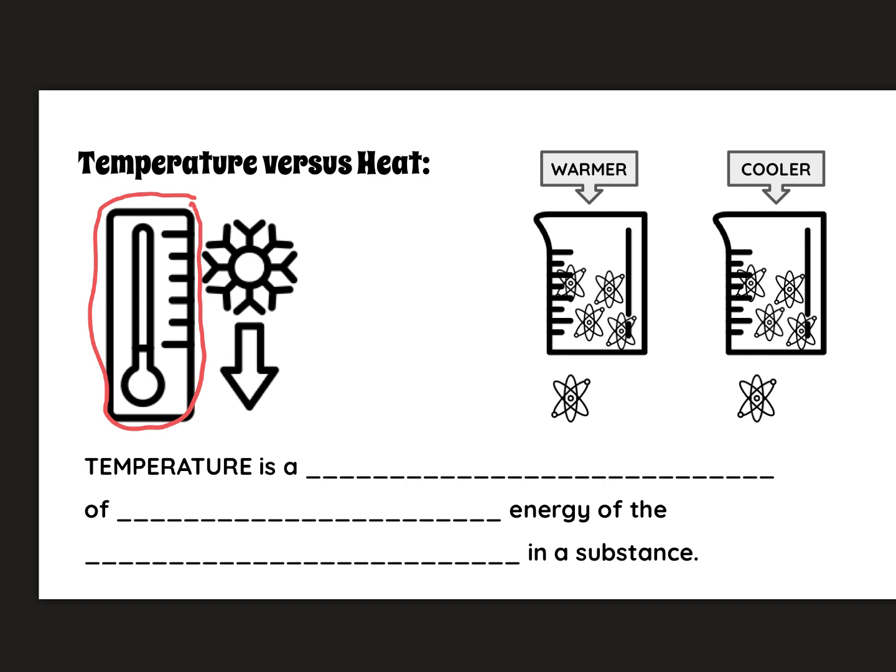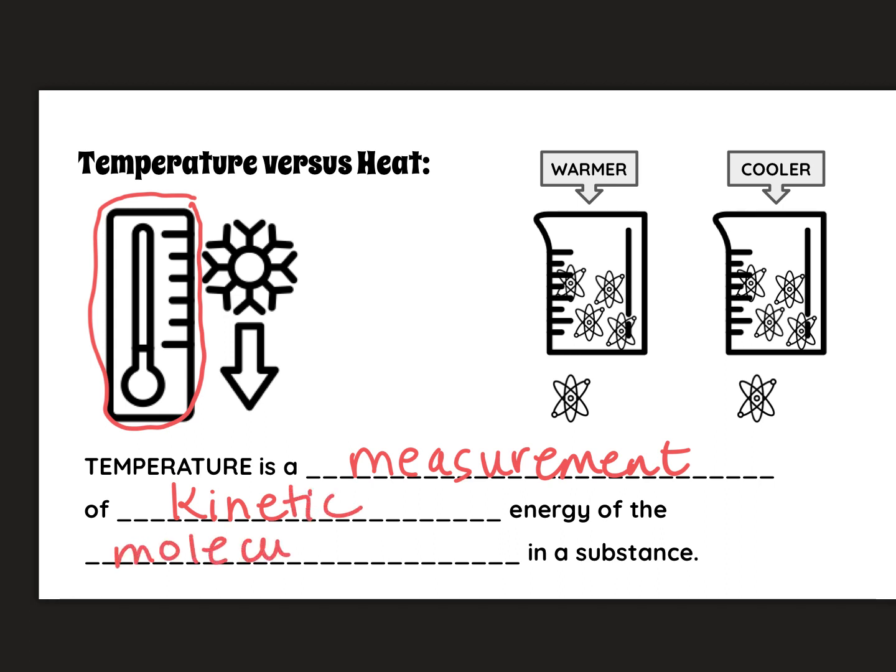This measures the movement of the particles of matter. Let's go ahead and fill this in now. Temperature is a measurement of the kinetic energy of the molecules in a substance.